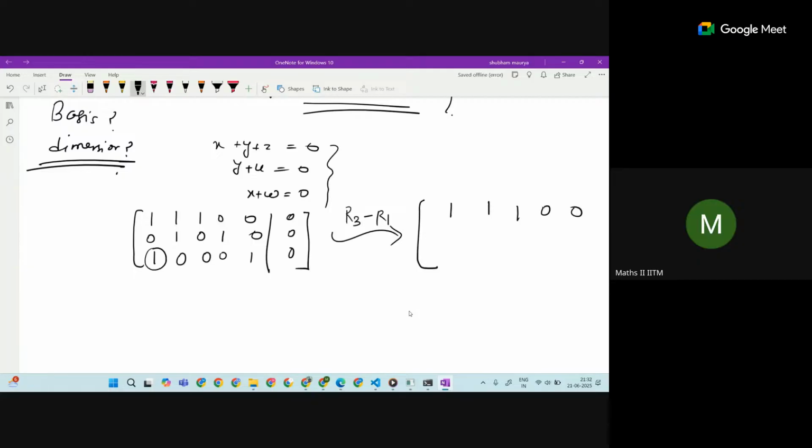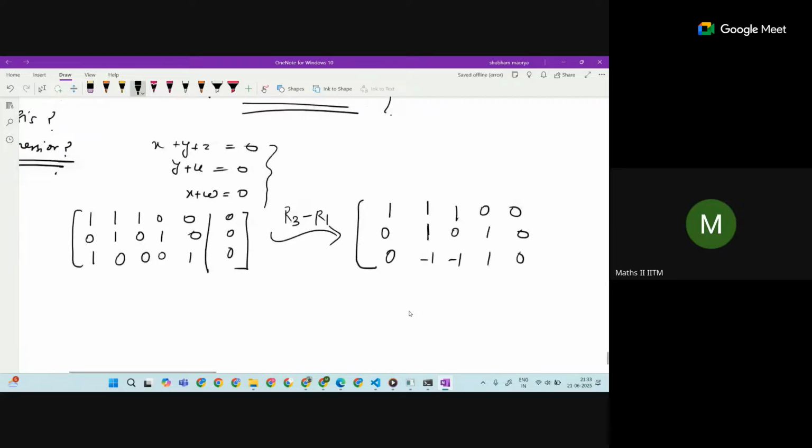I want to make it 0 here. So this will be 0 1 0 1 0, and this is going to be 0, and this is minus 1, and this is just 1, and this is 0. So the remaining part is 0 0.